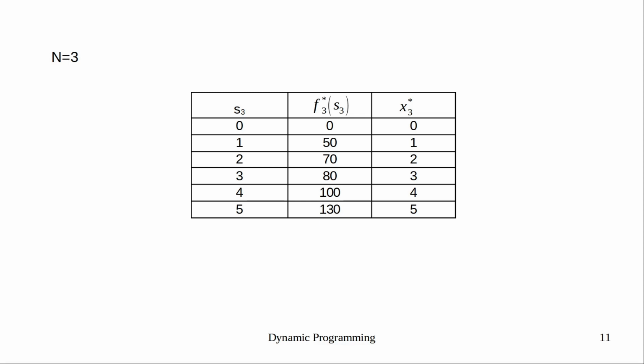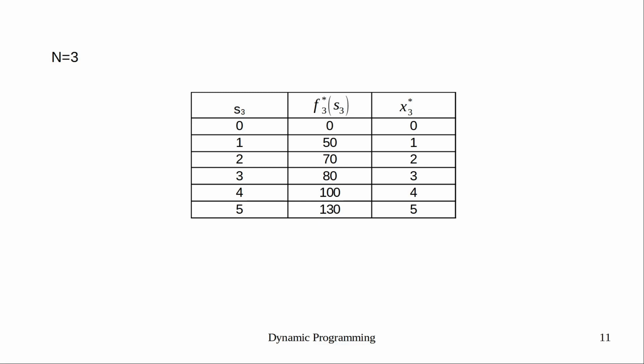So F3 star is going to be the additional people life plus 0. So if we reach state 0, or 0 teams in stage number 3, it's going to be 0 plus 0, that's going to be 0.